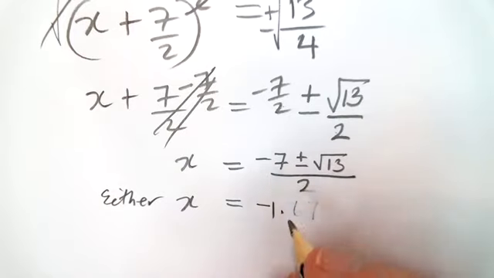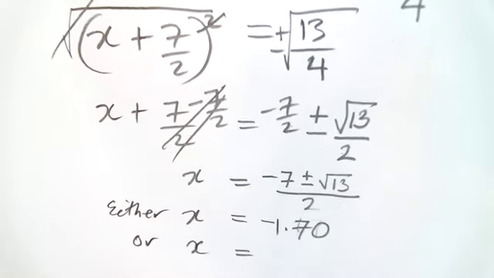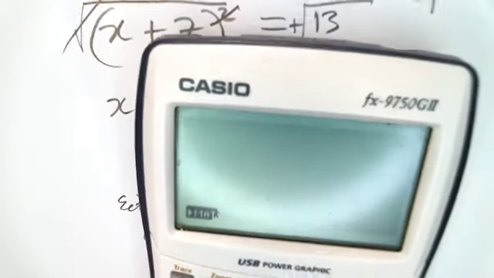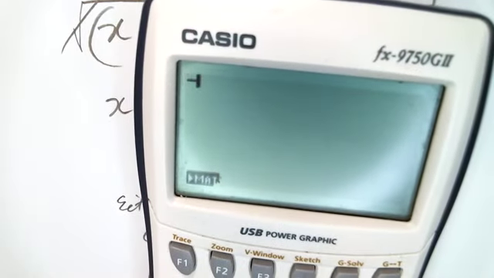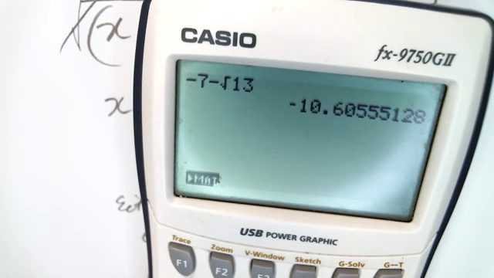Sorry about the smudges and everything else. 1.70, it's a negative. Or x is going to equal, and we'll do the same thing again. This time I'm going to go -7 minus root 13. So I can just do that all in one go, actually. So I put -7 minus root 13, and I get -10.6.